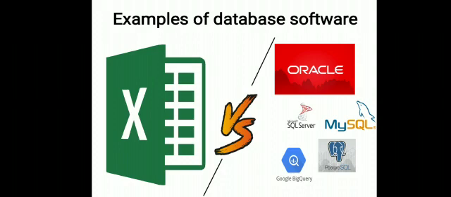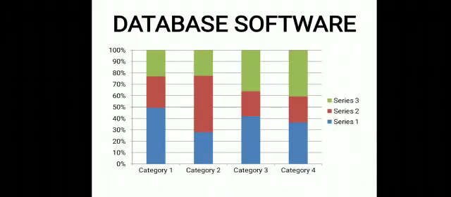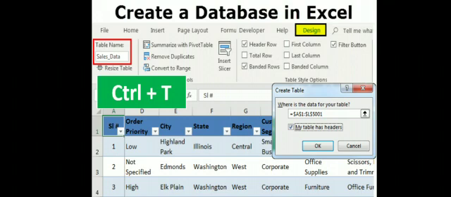A spreadsheet with formulas can be used to handle data easily, and we can create a database by these categories and serial numbers. By drawing columns and a table, we can create a database. Okay children, so this is how to create a database in Excel.